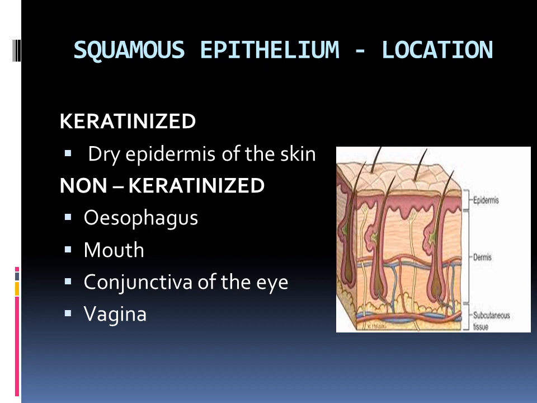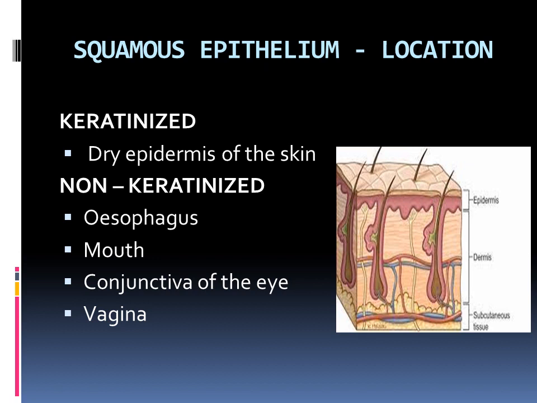Okay. So this keratinized type is present in the dry epidermis of the skin. As we said already, there are three layers in the skin, and the outermost region is the epidermis, then the dermis, then the basement membrane.